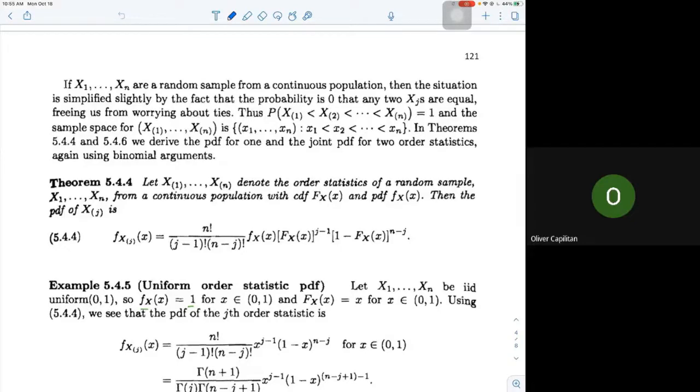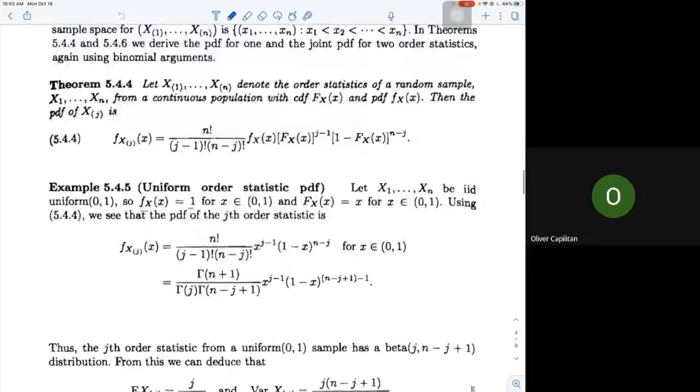Okay, so we're going to define now the probability density function for our order statistic, and then after that, finding the PDF for the joint of two order statistics.